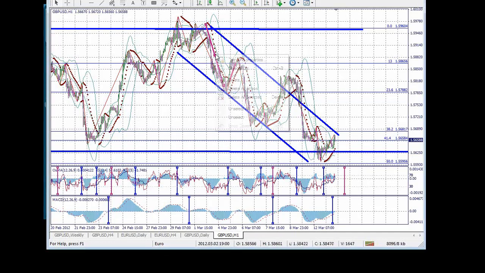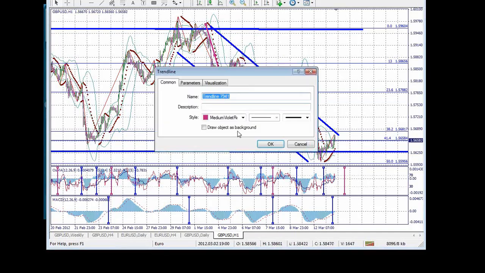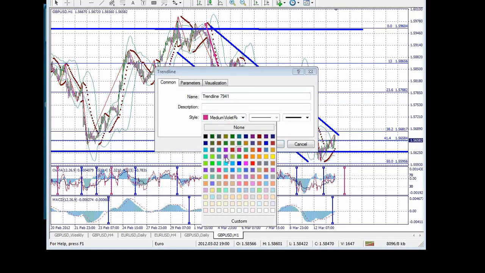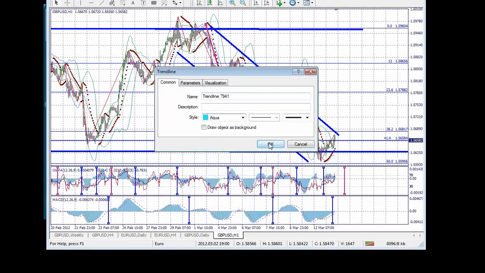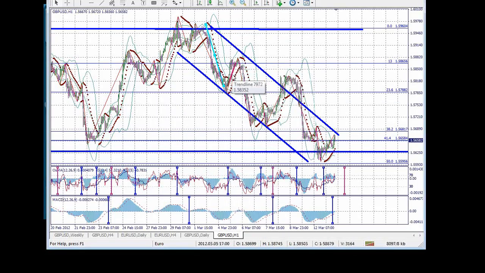So something like this is the idea. With confirmation from MACD, it is a stronger signal. It will allow you to stay longer in a trade.